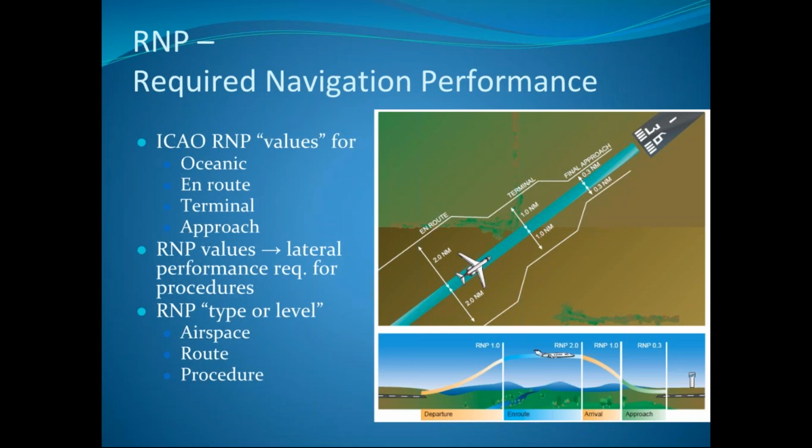It allows them to create these paths into the terminal area that don't require any external, talking about like ground-based navigation. It doesn't require any of that to streamline this all into the airport or into the terminal environment.